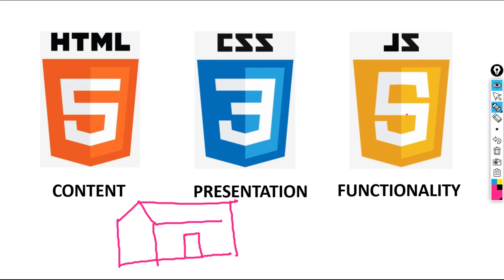This is a window, let's say. Only this particular building is not important. What is important? I should give good color also. So I am giving yellow color.